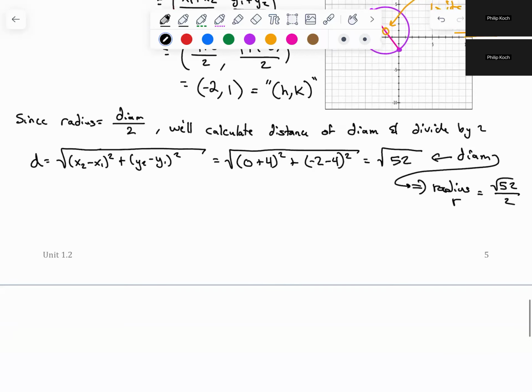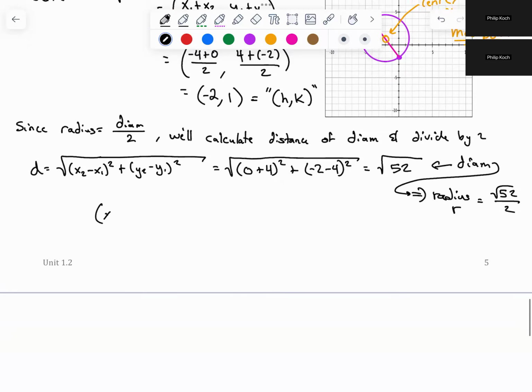But either way, we know the formula will be x minus h quantity squared. So it's going to be x minus -2 quantity squared plus y minus k, so y minus 1 quantity squared, is equal to r squared. So that's going to be the square root of 52 divided by 2, squared. Your calculator is your best friend. Your calculator can do this for you, but if you'd like to see the algebra, I'm going to show it.